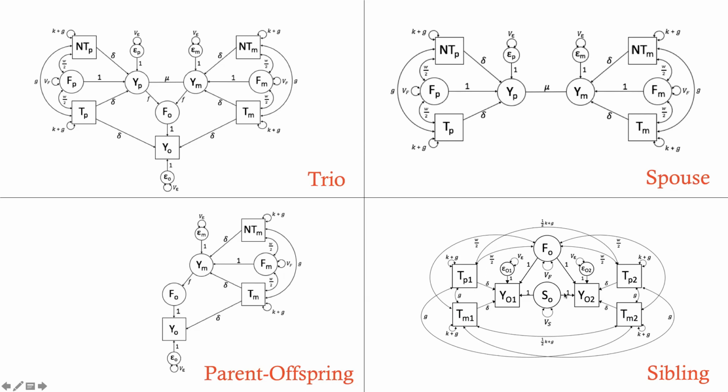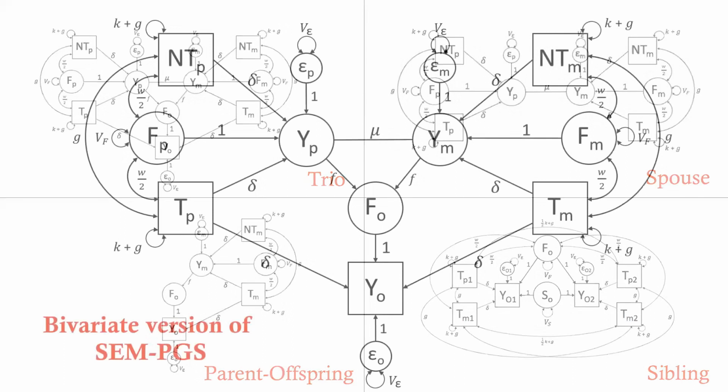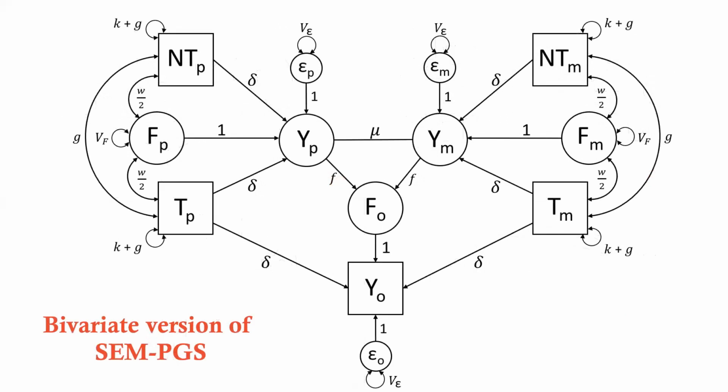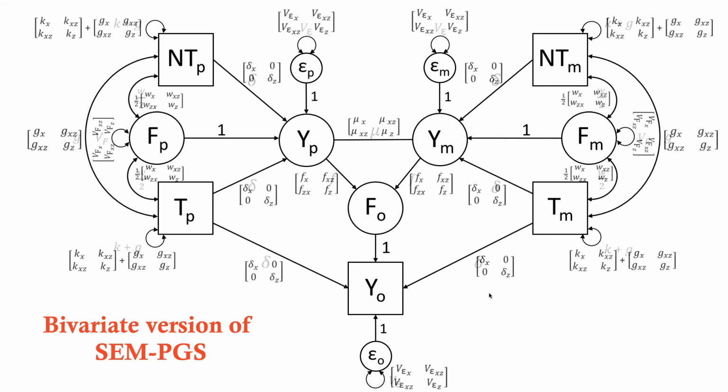In addition to those, we've also been trying to work out a bivariate version of SEM-PGS that would allow us to look at the effect of a parental trait on a different offspring trait. To do this, we would be replacing each of the scalar path coefficients with 2x2 matrices, which allows us to account for vertical transmission and assortment both within and between traits.